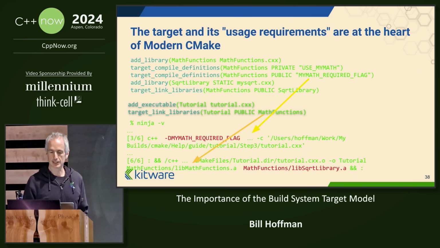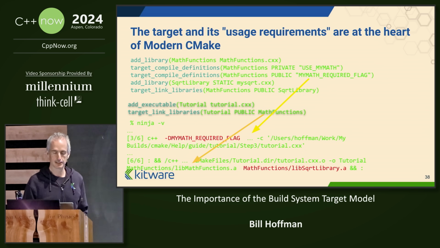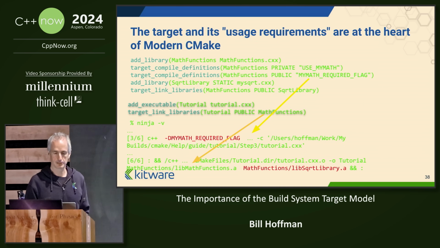And then another one that is a public definition, which means anyone that consumes me is going to get that flag. And then I'm going to create another library here, the square root library. And I'm going to link that library to math functions publicly. And then I'm going to create an executable called tutorial. And it has tutorial.cxx. And I'm going to link it to math functions.